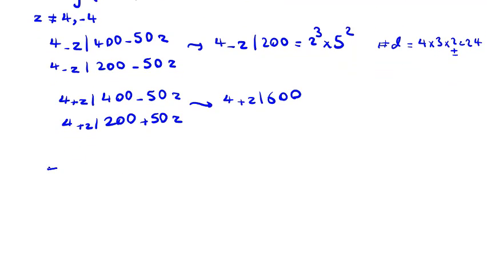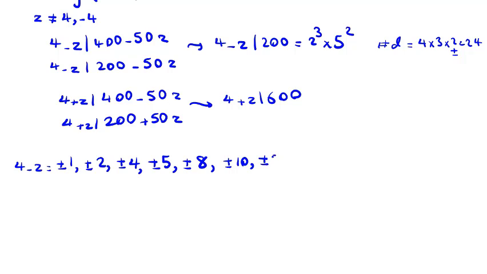Now, okay, we want to write 4 minus z equals its divisors: plus minus 1, plus minus 2, plus minus 4, plus minus 5, plus minus 8, plus minus 10, plus minus 20.